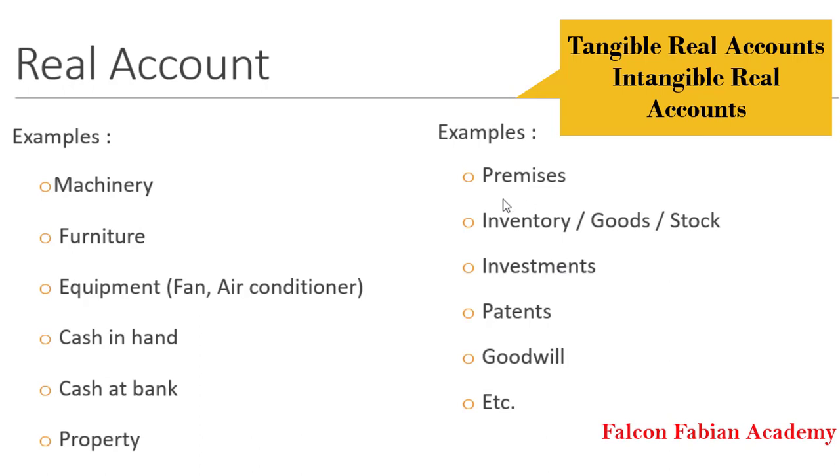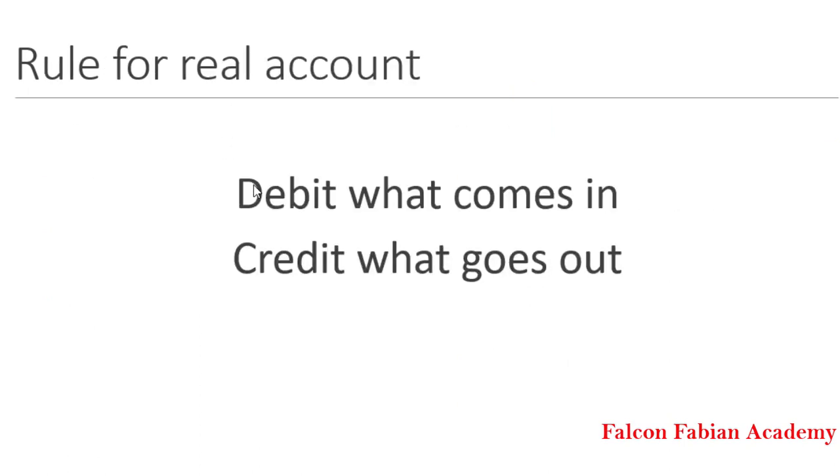Now that we have understood what would come under real account, let's have a look at the rule and take a transaction and apply the rule to the transaction. So the rule for real account is debit what comes in and credit what goes out. When I say debit what comes in, it means debit what comes in the business and credit what goes out of the business.